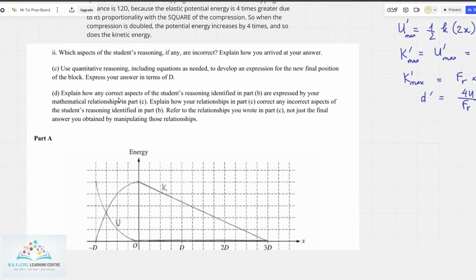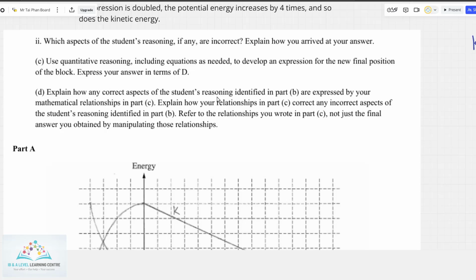Explain how any correct aspect of the student reasoning identified in part B is expressed by your mathematical relationship in part C. Explain how your relationship in part C corrects any incorrect aspect of the student reasoning identified in part B. Refer to the relationship you wrote in part C, not just the final answer you obtained by manipulating those relationships.